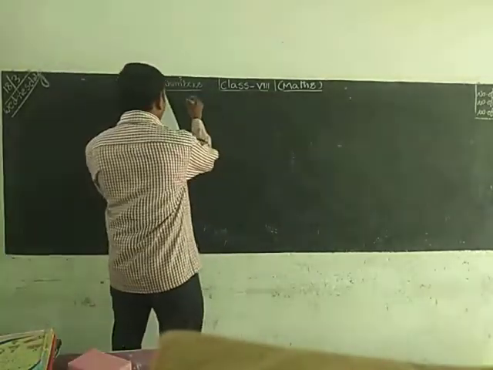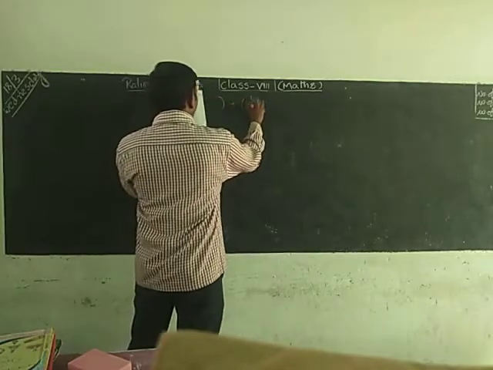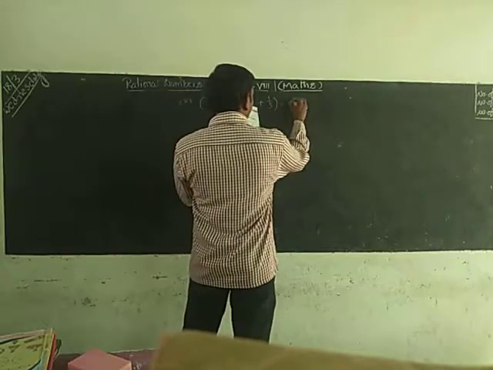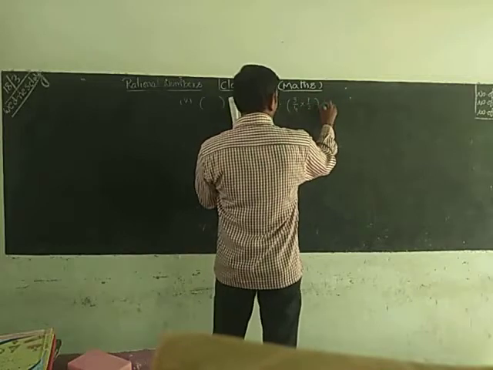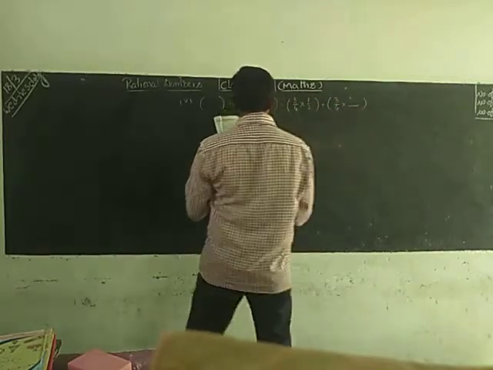Next one, fifth one: blank plus 1 by 2 plus 1 by 3 equals 3 by 4 into 1 by 2 plus 3 by 4 into blank.